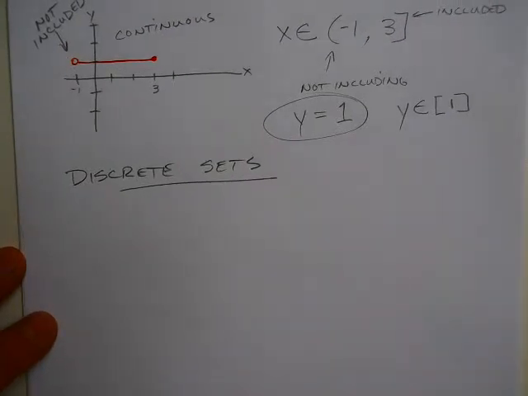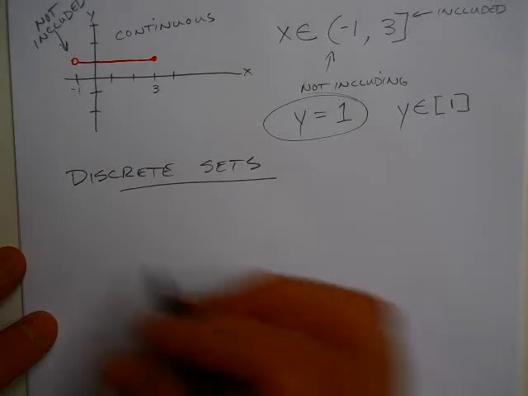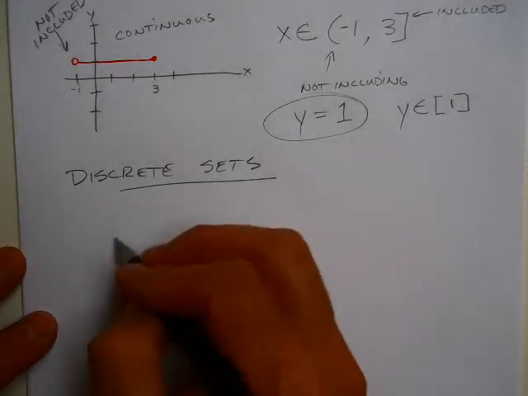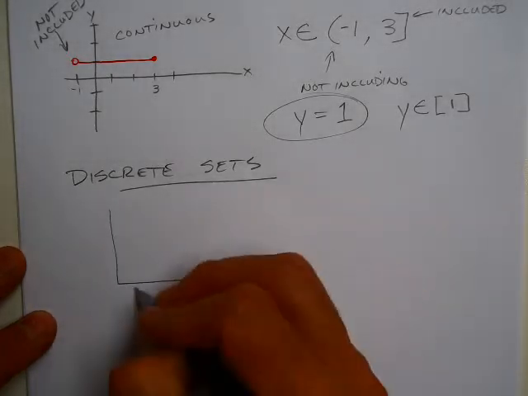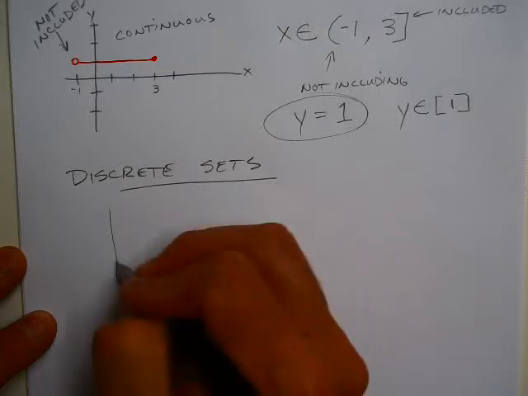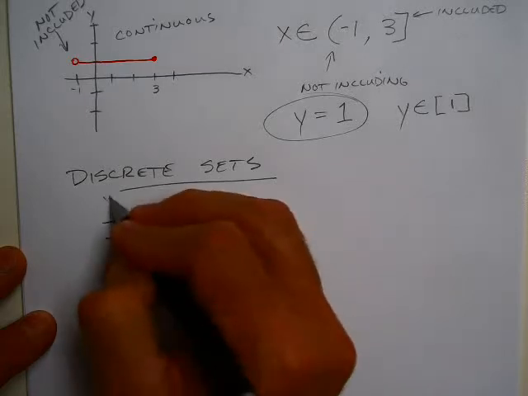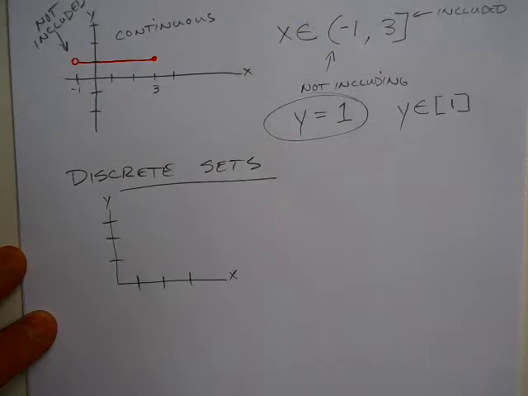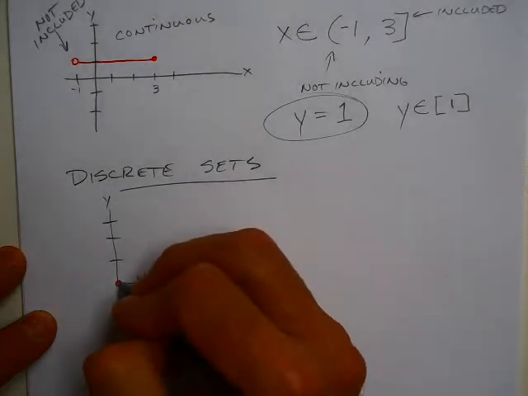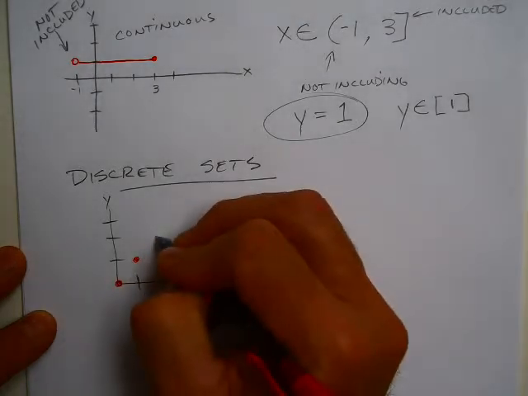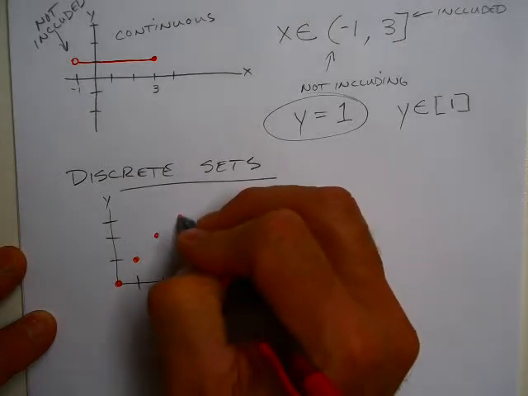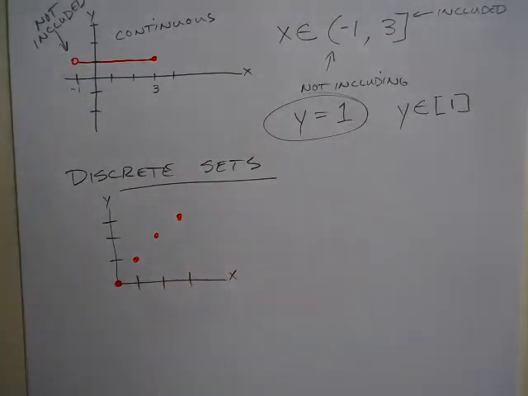So we could have a graph where the points are individually on the graph, maybe something like this. Assume that my drawing is perfect. I know it's not.